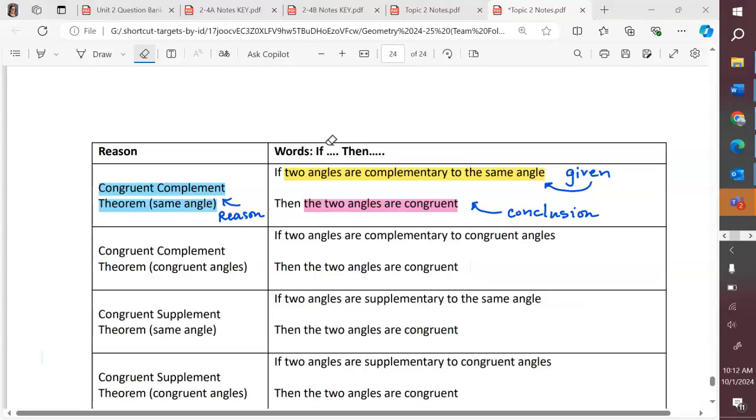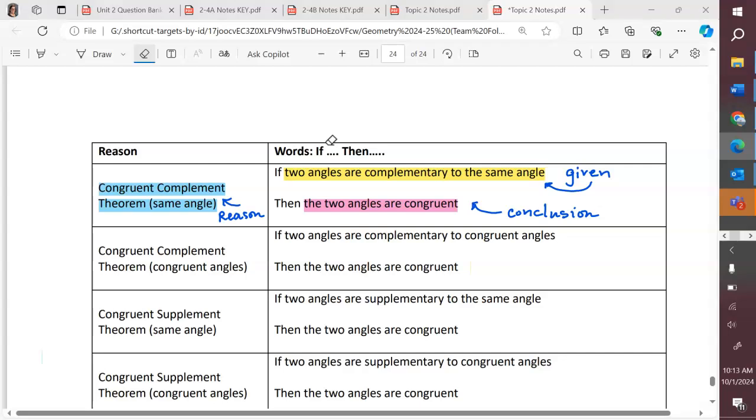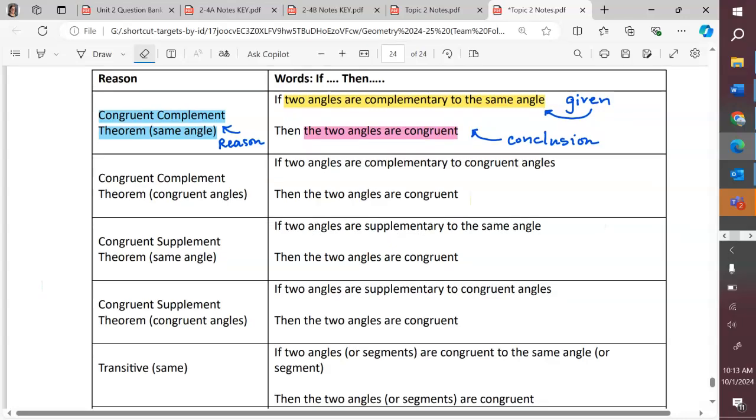So if I look at this first example on the worksheet, it says BC is perpendicular to DC. I'm looking at two line segments that are perpendicular. So in my list of acceptable reasons, I'm looking for if two line segments are perpendicular.